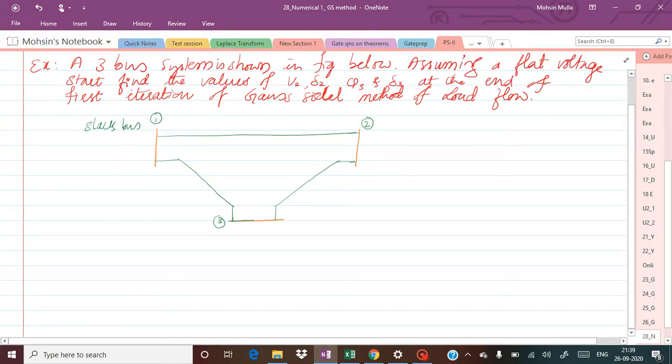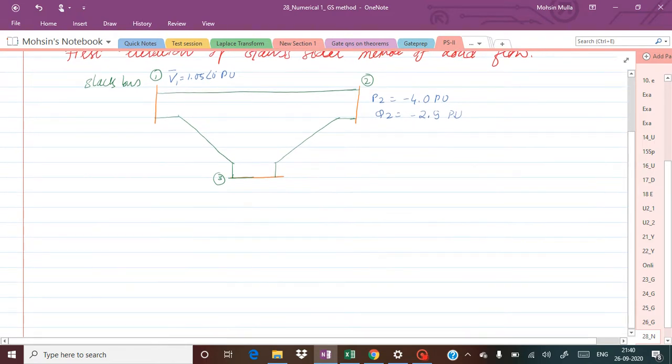For bus 1, it is a slack bus, so the voltage is mentioned, and that voltage is given as V1 equal to 1.05 at an angle 0 per unit. Similarly, P2 is given as minus 4.0 per unit, and Q2 is given as minus 2.5 per unit.